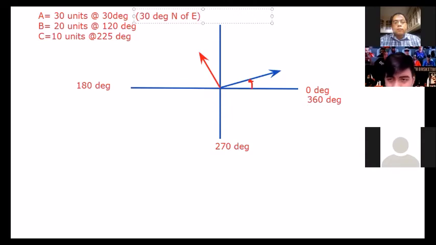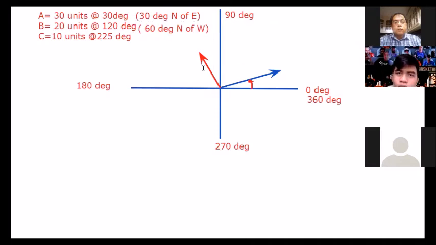How do you say the other angle? What could be our other name for the other angle? We can also call it 60 degrees north of west. That's another way of saying 120 degrees.